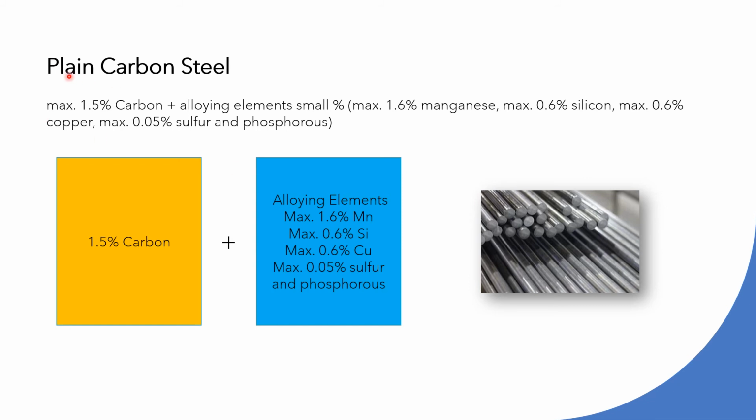Plain carbon steel, PCS. We have 1.5% carbon, and that's the maximum it can go. And we put in different alloy elements, just a small percentage. You can put in a maximum of 1.6% manganese, a maximum of 0.6% silicon, a maximum of 0.6% copper, a maximum of 0.05% sulfur, and phosphorus at 0.05.